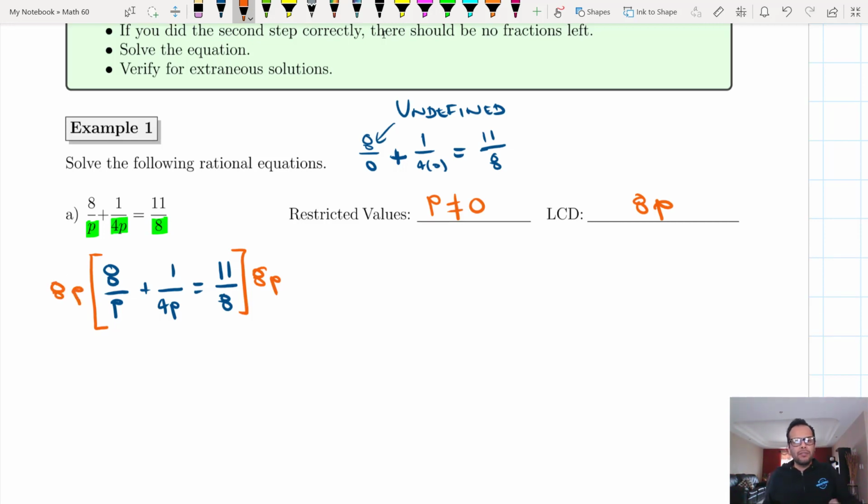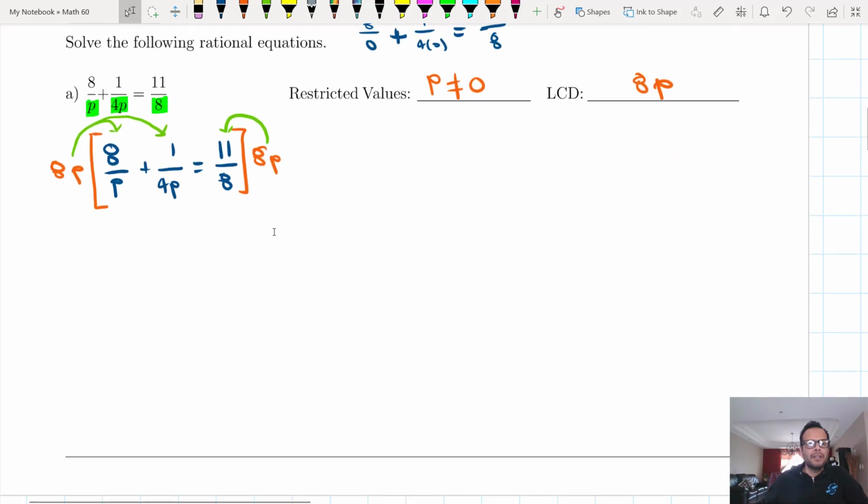The next step is to distribute the LCD to each term. And again, I'm going to denote this using arrows just so you can see how we are doing the distribution. On the next step, I'm going to keep the same colors, the same way I was doing it in the previous videos.